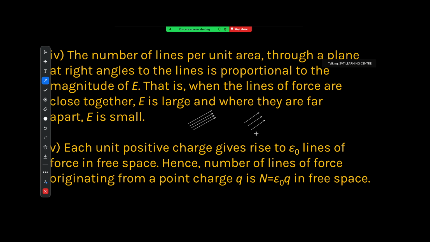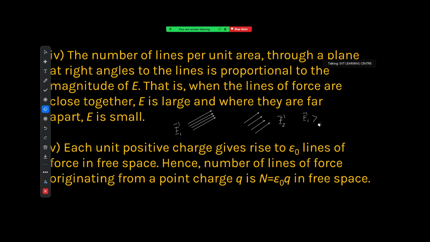Now you see, in the first case that I drew, the lines were close together. So here the electrical field will be greater, whereas here the electrical field will be lesser. Let us say this is E1 and this is electrical field E2. Then we can conclude that E1 would be greater than E2. That is what is being said here.